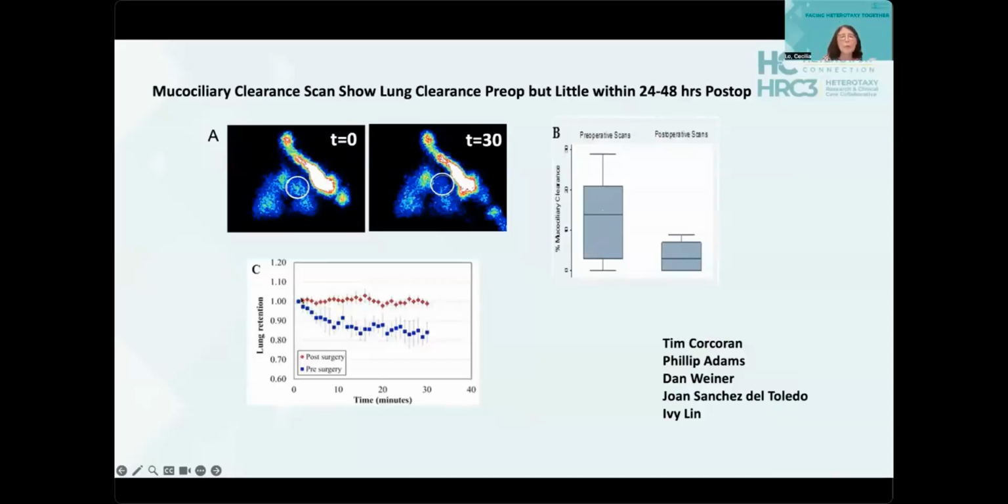However, postoperatively, if you do a similar scan, you can see there's little or no airway clearance. So essentially, what we found is that within 20 to 48 hours postoperatively, we cannot detect any airway clearance in these patients that have undergone congenital cardiac surgery. However, interestingly, after 48 hours, we begin to see divergence in airway clearance between different subjects.